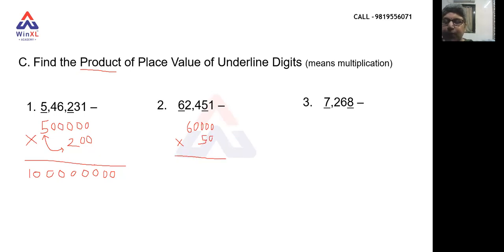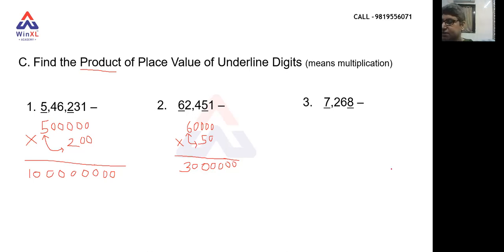Now we put 1, 2, 3, 4, 5 zeros here. And we multiply the remaining numbers. 6 times 5 is 30. So this is our answer.